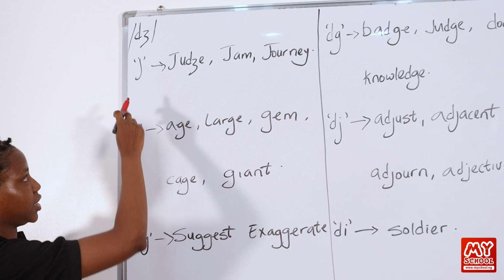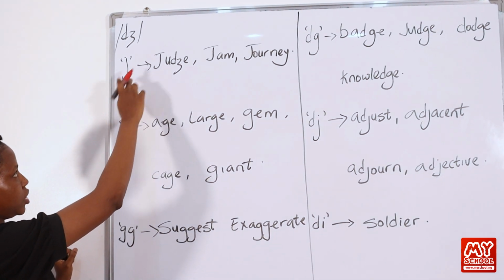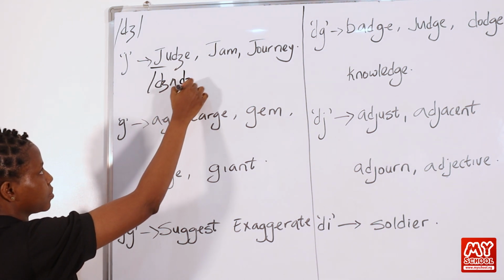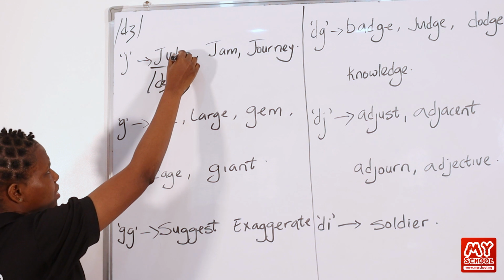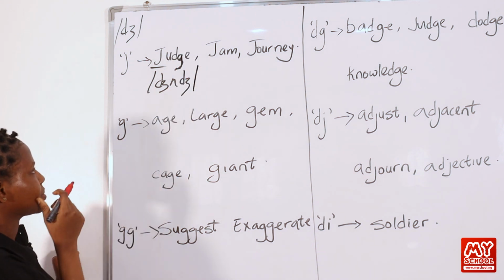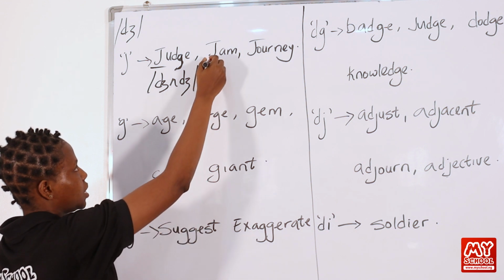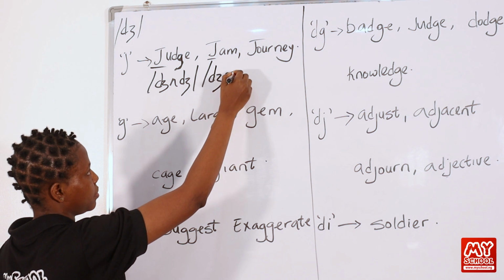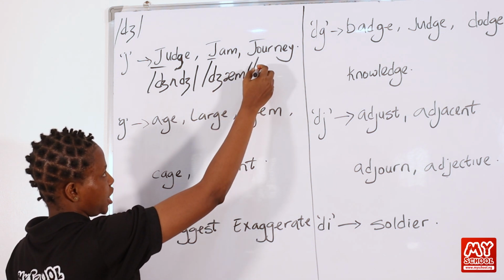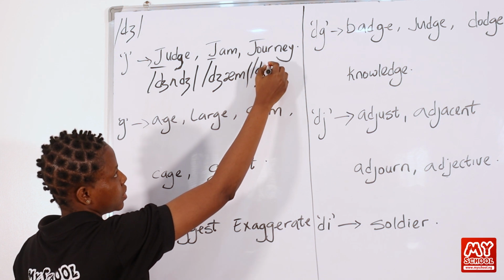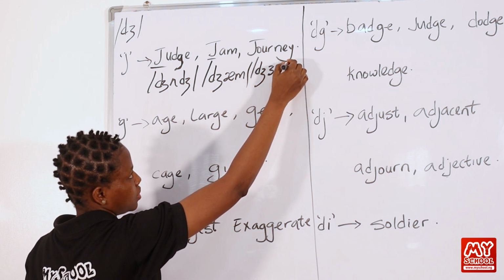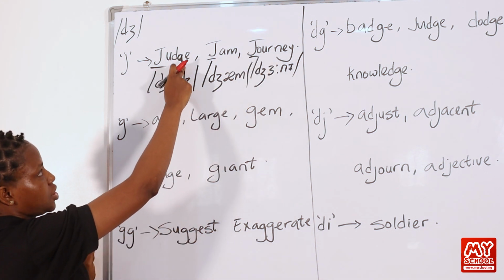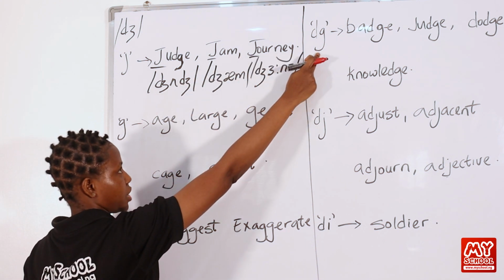So the first one we'll consider is letter J in the word judge. Then the next one is jam. The next is journey. Notice that DG is also articulated as G, and we are going to look at that in a bit.